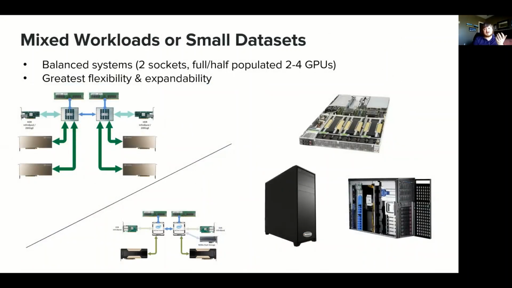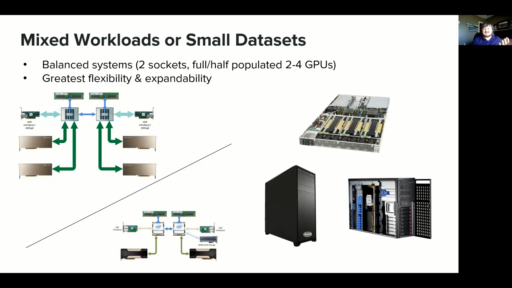Now let's say you have a mixed workload based upon your assessment, or blended workload, or your data set is such that it fits into a single or a small number of GPUs. Well, then a balanced system is probably the best match to the application. You can think about this as being a single CPU with 2 GPUs, or dual socket system with 4 GPUs.